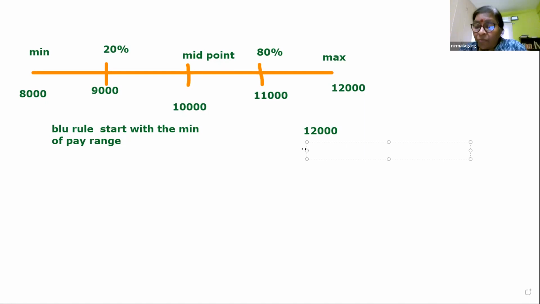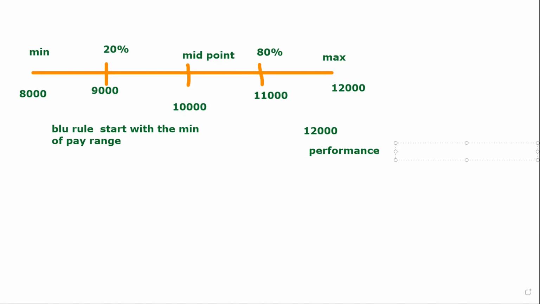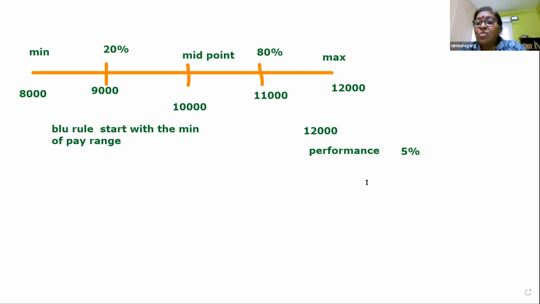If he's got a 4 rating or a 5 rating, whatever, you give him a bonus equivalent to that 4 rating. If it is 5% or 6% or whatever, you give him. But this bonus does not get added into his salary as base pay. The base salary will be unchanged.